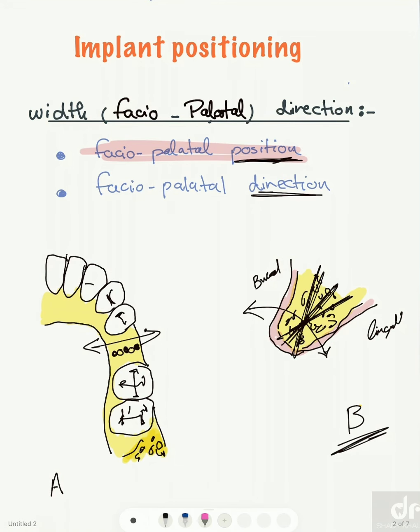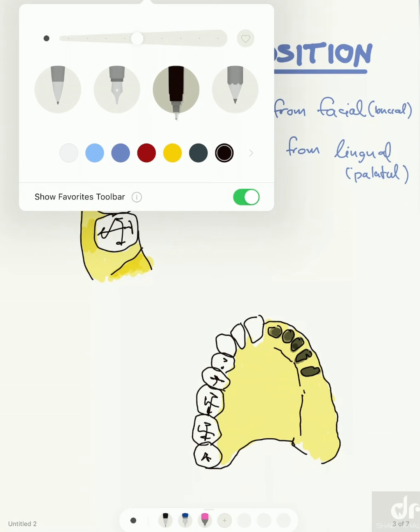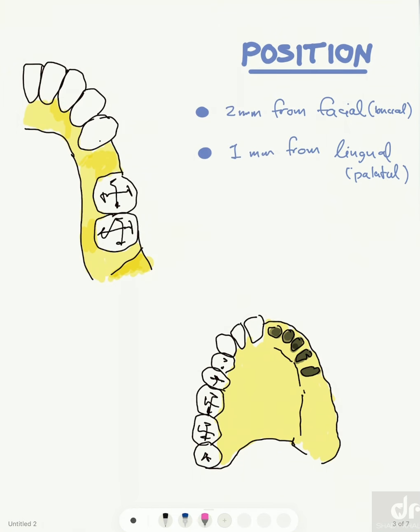Regarding the position, doctors and my friends, the implant should be 2 millimeters from the facial or buccal plate. So we have to keep at least 2 millimeters away from the facial or buccal plate.